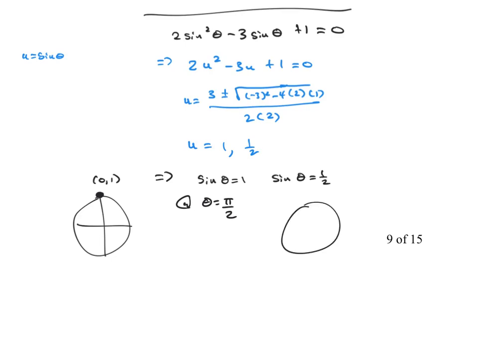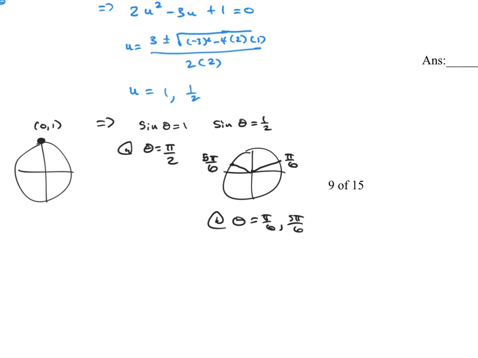Let's think about sine theta equals 1/2. The y value is 1/2. The y value still has to be positive, so I'd have to be in quadrants 1 or 2. 1/2 would be closer, my y value would be smaller, so I'd have to be closer to the x-axis. So that'd be these two angles right here. That first one being pi over 6, and the next one being 5 pi over 6. So I know this is at theta equals pi over 6 and 5 pi over 6.